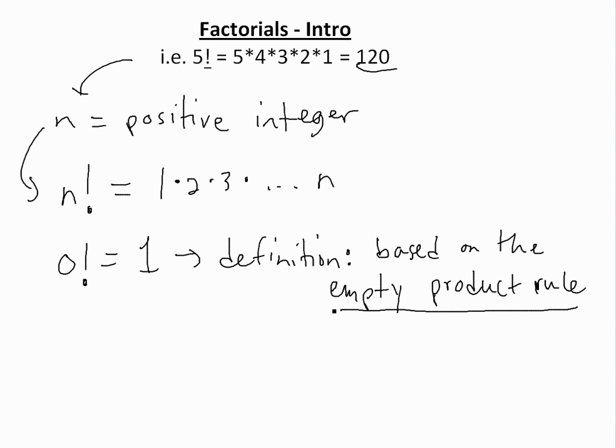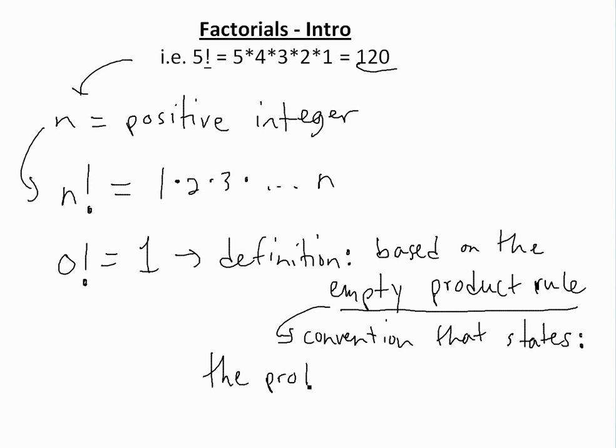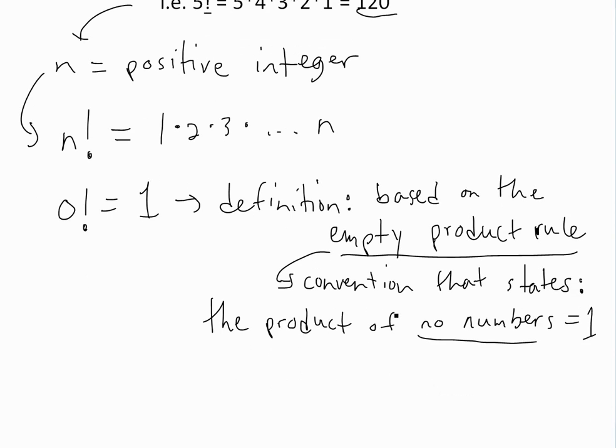But basically, it's just a convention that states that the product of no numbers is just 1. This convention is really useful in a lot of mathematics and statistics.